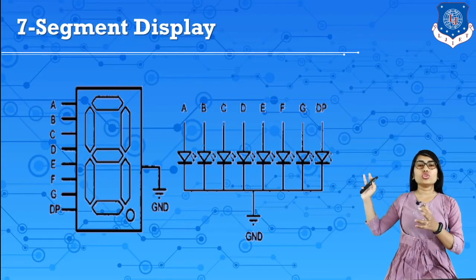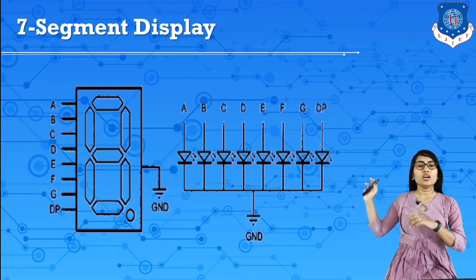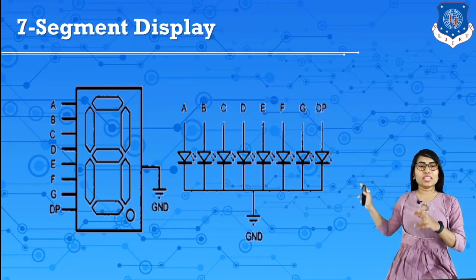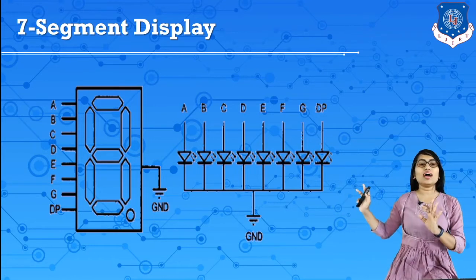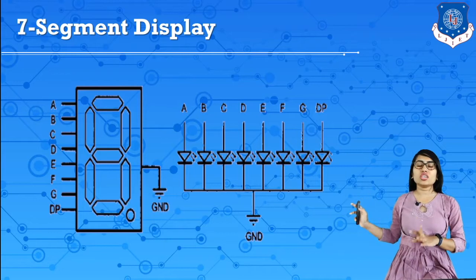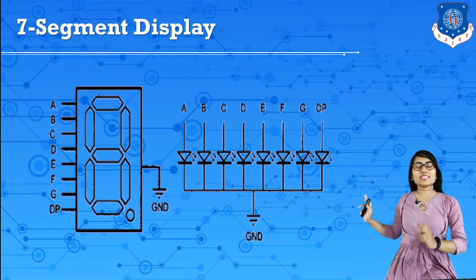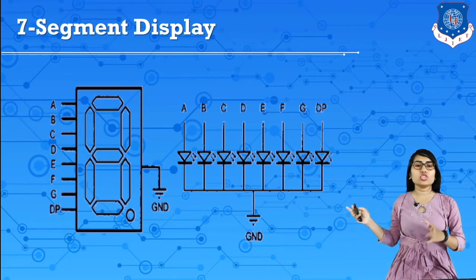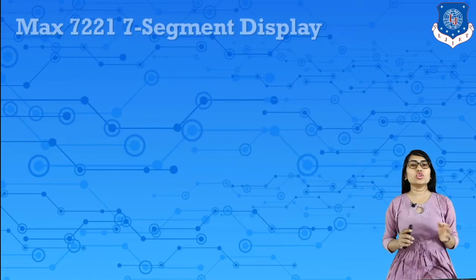Whenever we want to display a 0, A, B, C, D, E, F are all 1 and G is equal to 0. For 1, B and C are 1 and the others are 0. So this is how the 7-segment LED displays the numbers 0 to 9.